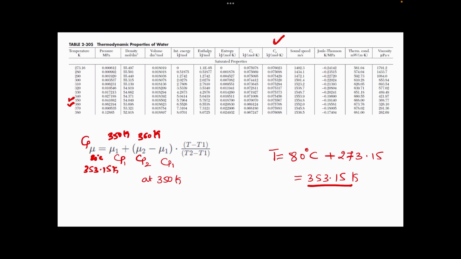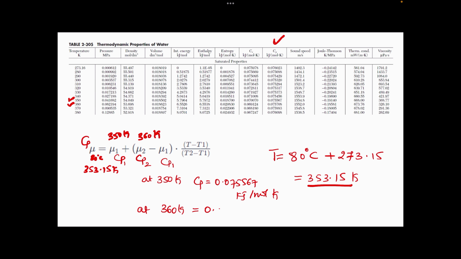That is Cp is equal to 0.075567 kilojoule per mole Kelvin. So at 360 Kelvin, the value is 0.075708 kilojoule per mole Kelvin.